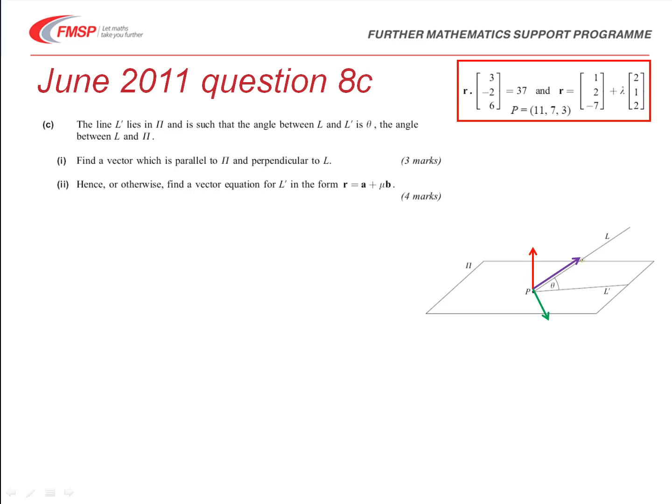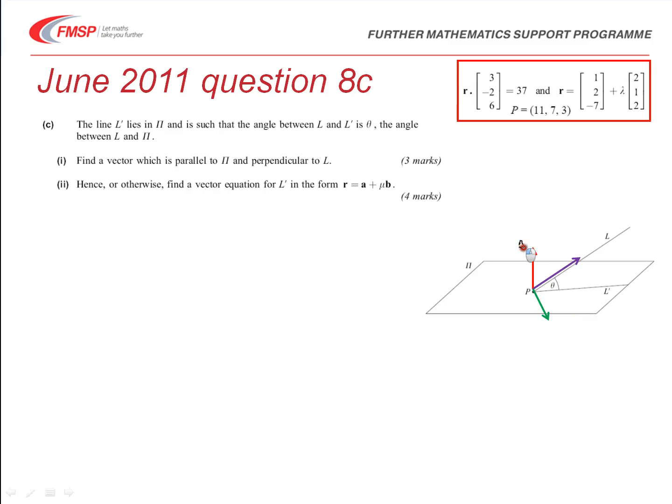In part 1, you're asked to find a vector which is parallel to the plane and perpendicular to L. You can see I've drawn this purple vector, which is the direction of the line. The red vector is the normal.